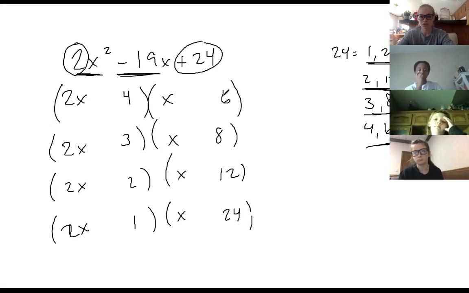So 2x times 6, that's 12x. 4 times x, that's 4x. 12x and 4x, no, that won't give me a 19x. Okay, what about 2x times 8? That's 16x. So all I'm doing is multiplying my outside terms and my inside terms. So 16x and 3x.